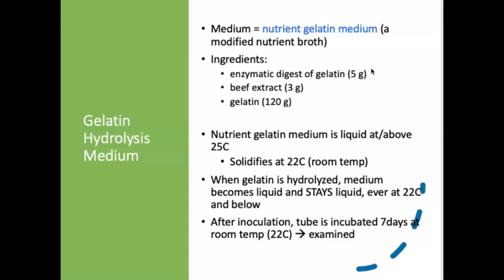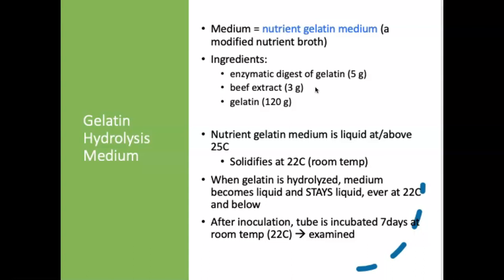The third ingredient is this mysterious ingredient called beef extract. Remember, meats and fish are some of the materials that we sometimes add into complex or chemically undefined growth media in order to give fastidious organisms a whole range of nutritional molecules that they may require.